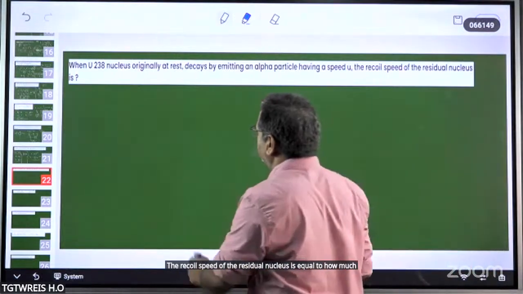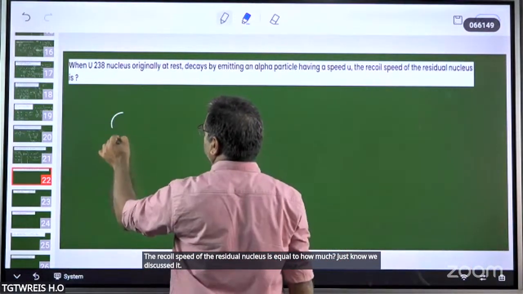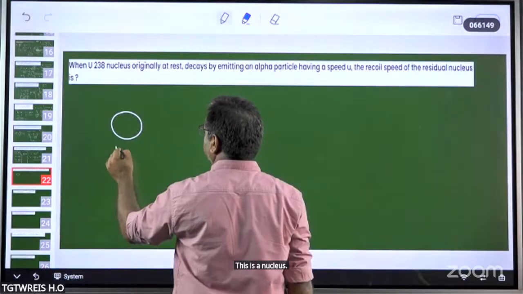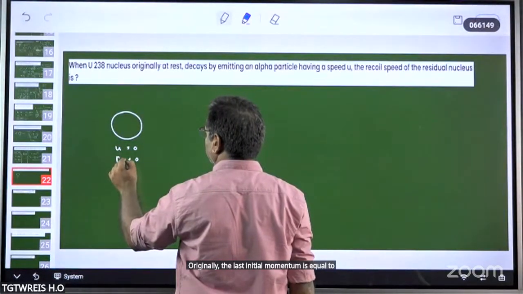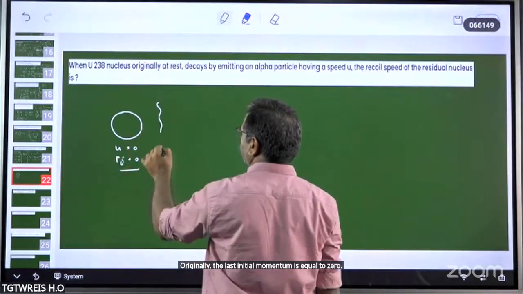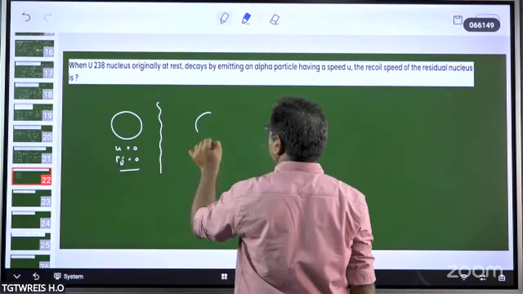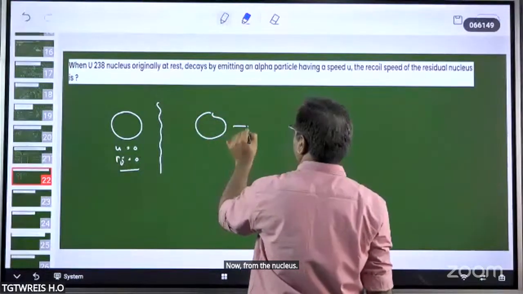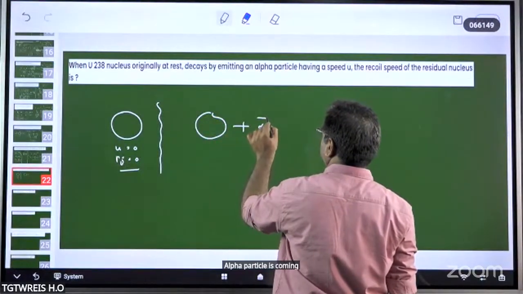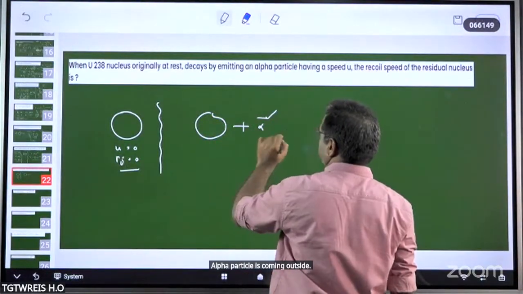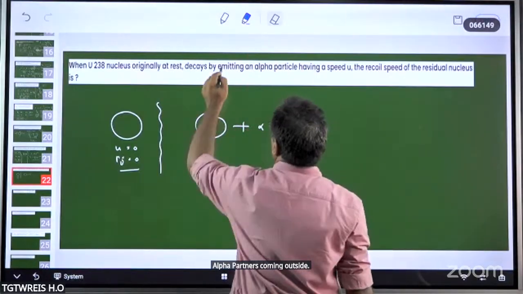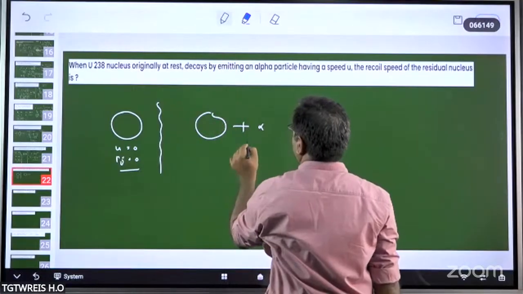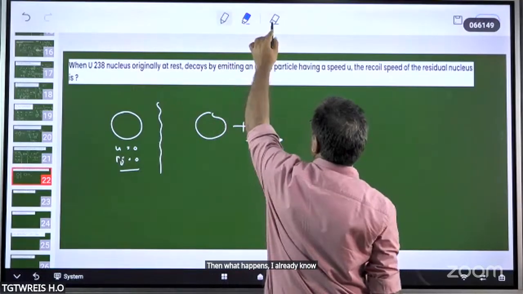This is the nucleus, originally at rest, so initial momentum is equal to 0. Now from the nucleus, the alpha particle is coming outside. Then what happens, already you know, the alpha particle will come out like this.